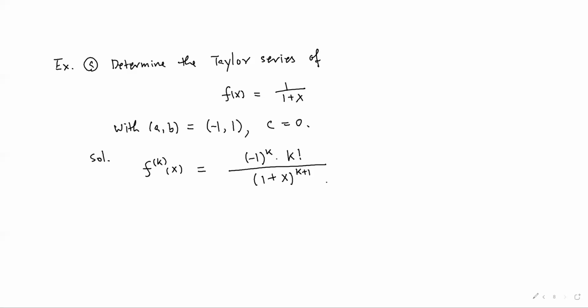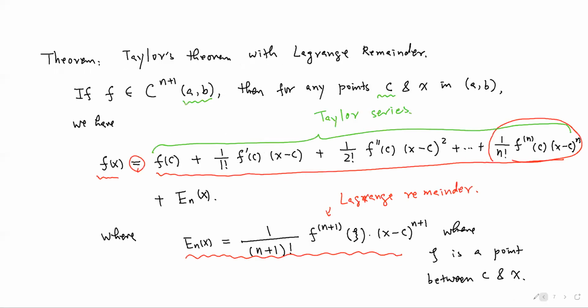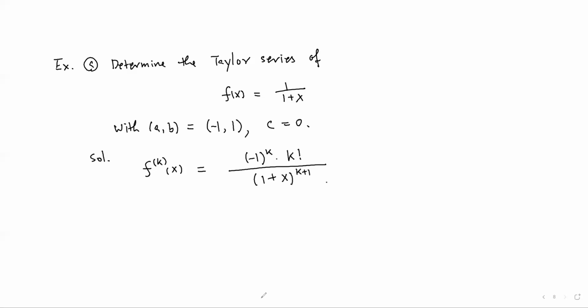Then evaluate the derivative at the point c. Now c is 0, so plug in 0 for x. Then we get (negative 1) to the k, k factorial, and then (1 plus 0) to the k plus 1. So the answer is (negative 1) to the k times k factorial.